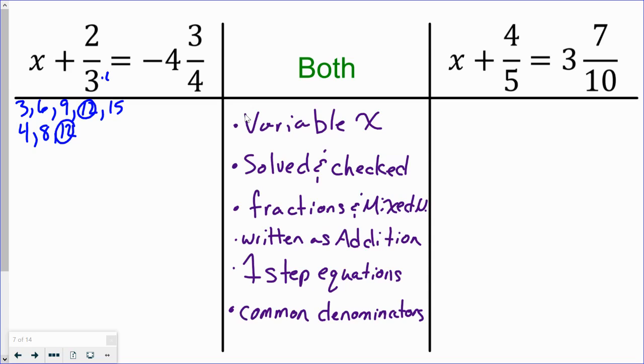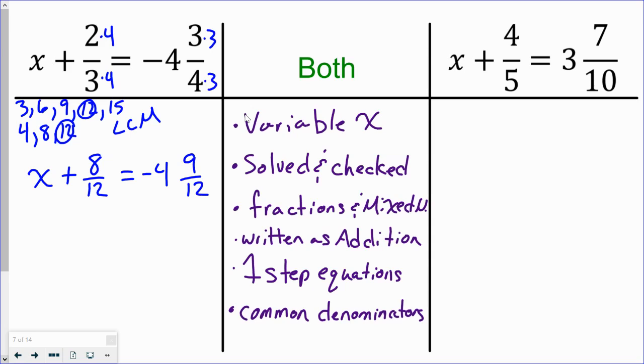Okay, so I would have to multiply both of these by 4 and multiply these by 3. And then rewrite my equation. Okay, so that's our LCM. So x plus 8/12 equals a negative 4 and 9/12.